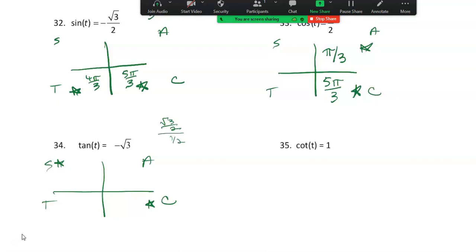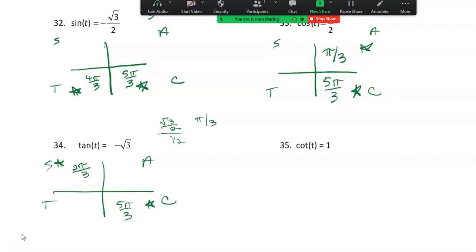So where does that happen? Knowing that tan is sine over cosine, that happens at pi/3. So pi/3 in the second quadrant is 2pi/3. And in the fourth quadrant, it is going to be 5pi/3.